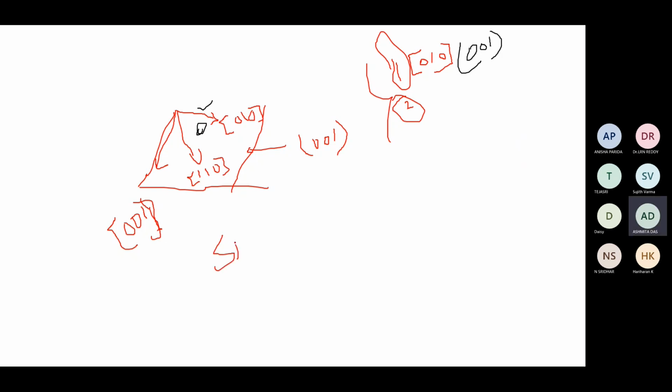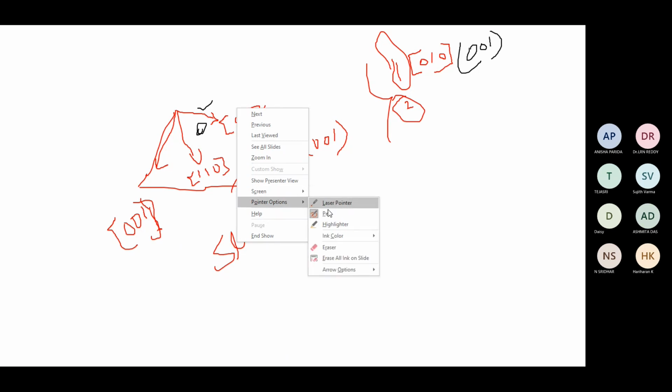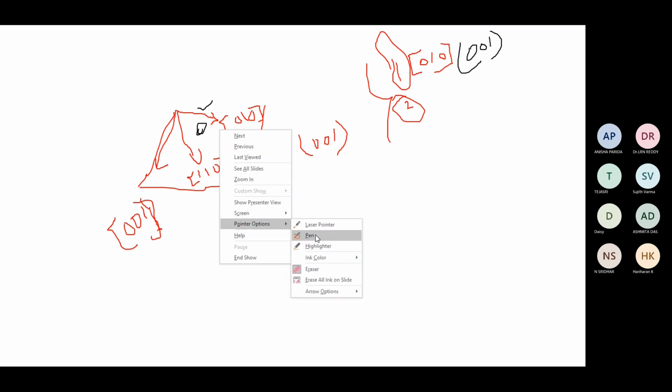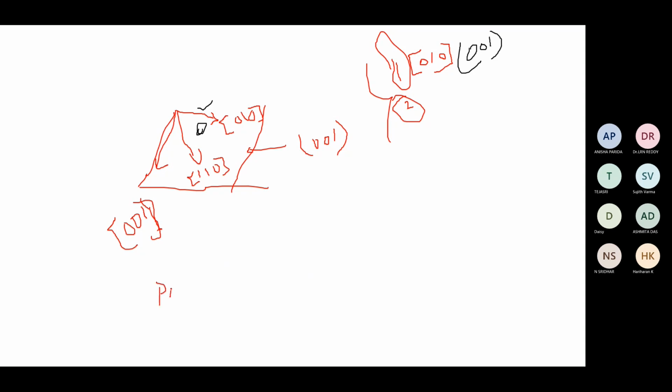So I will clear you one more time. The plane is 0, 0, 1, and the direction is... how many directions are there as per the arrows? 3, ma'am.